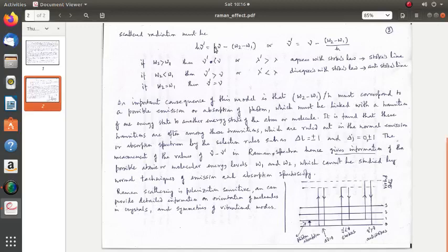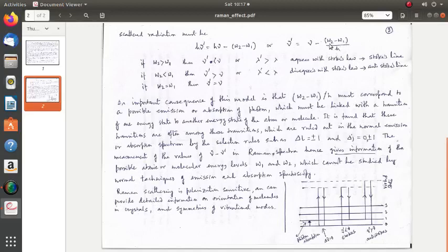When h nu, this radiation, hits the molecule, the energy state of the molecule or atom changes from W1 to W2, a discrete jump. That means the energy which is left for the outgoing radiation is h nu minus (W2 minus W1). It is very simple. That means nu dash is nu minus (W2 minus W1) by h.